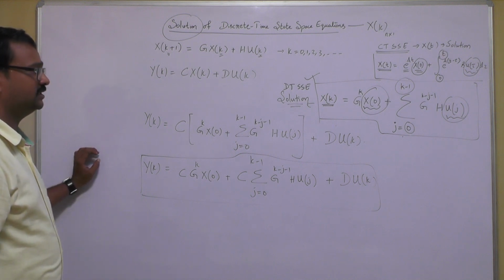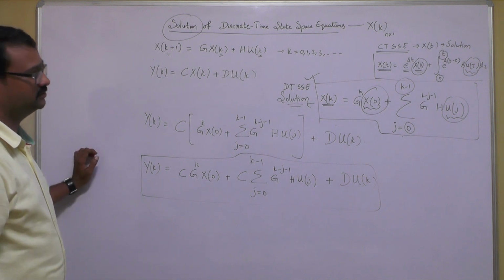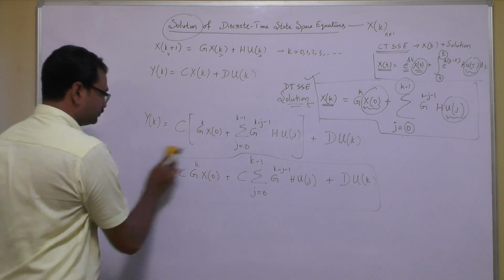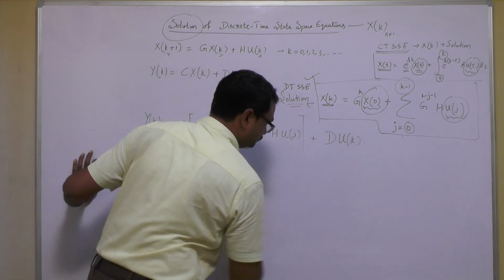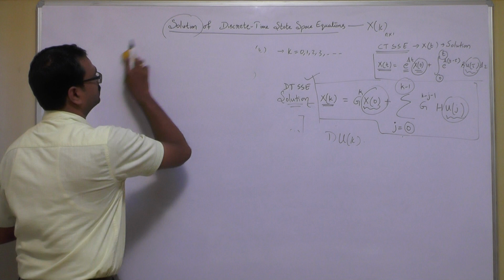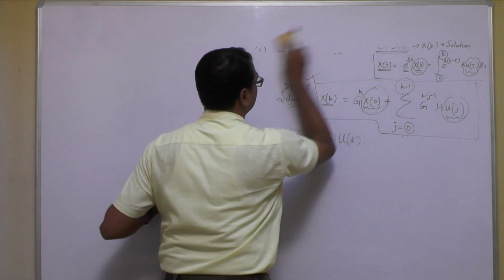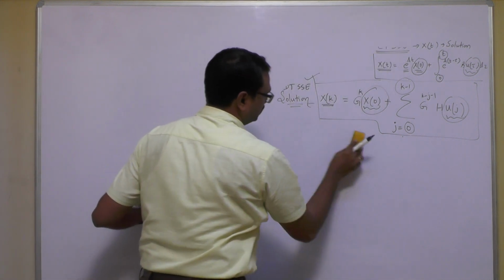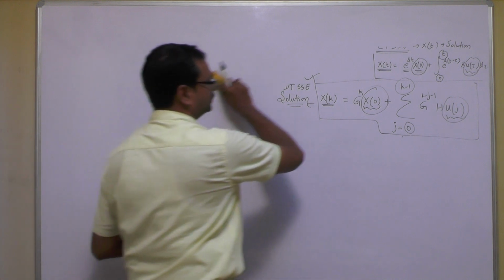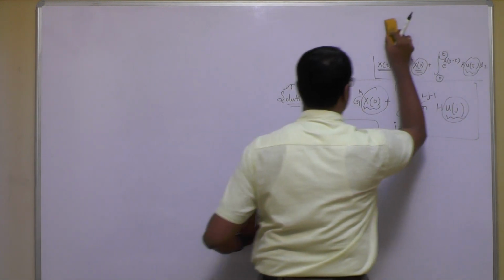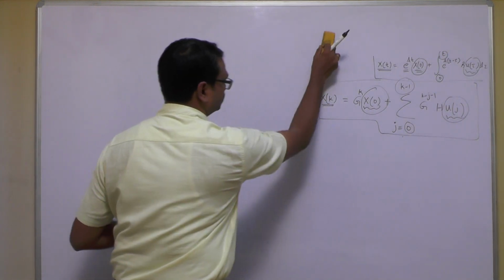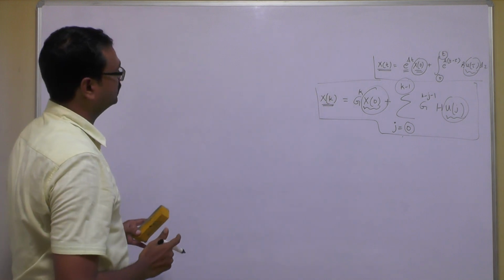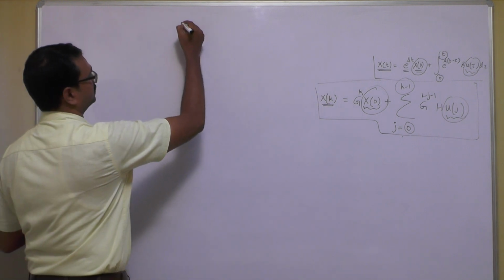State transition matrix in the continuous time system is nothing but... I'll just leave these two equations for our reference, so that we can see. This is for the discrete time system and the other is for the continuous time system.